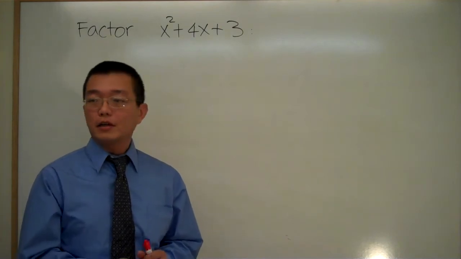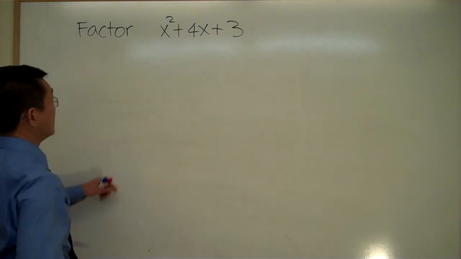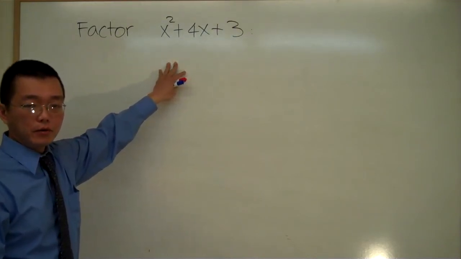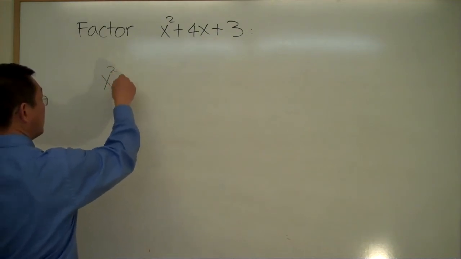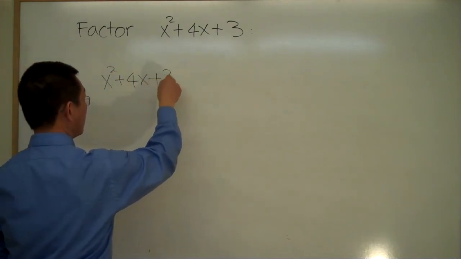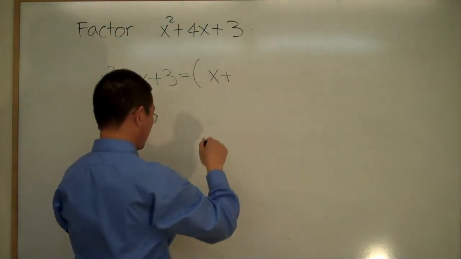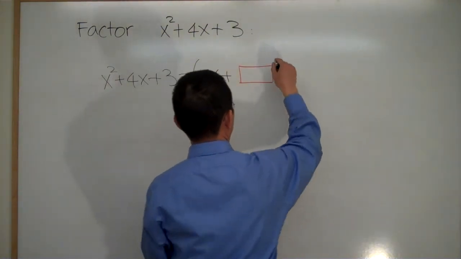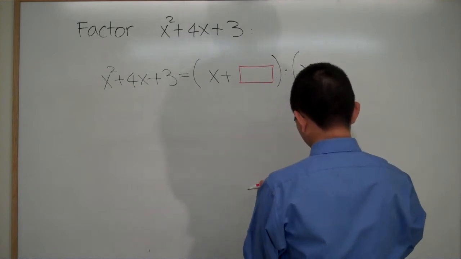Now let's start considering how to factor. Our problem is this. Say we'd like to factor x squared plus 4x plus 3. That is to say, I have x squared plus 4x plus 3, and I'd like to know this is x plus a certain number multiplied with x plus another number.